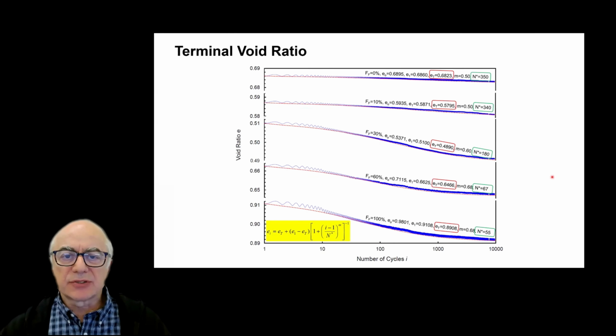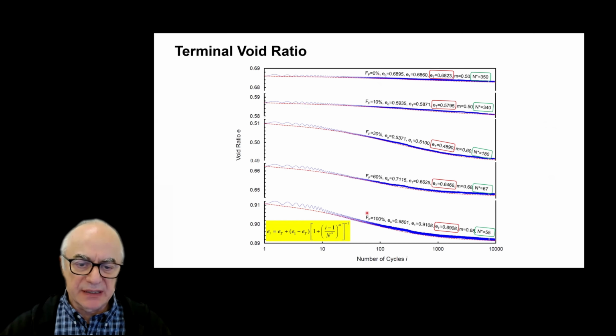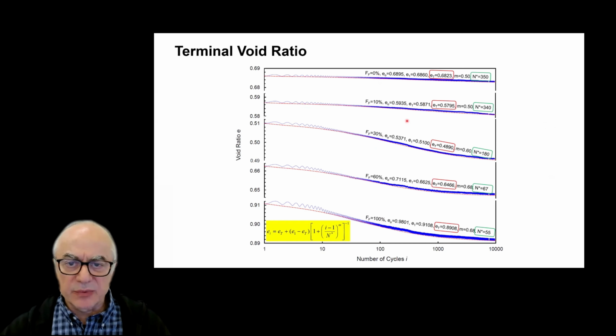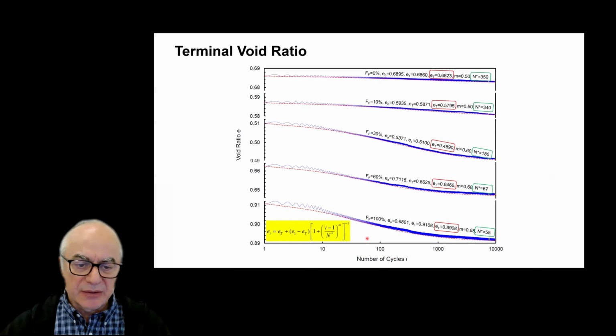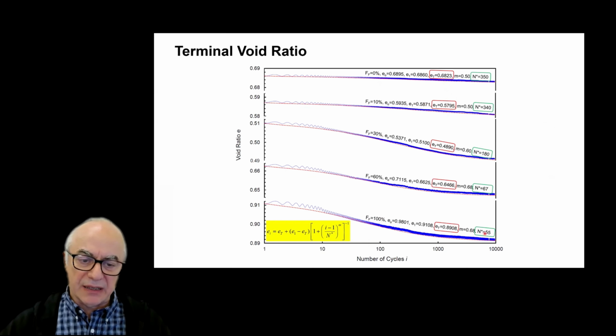This data set corresponds to sands with different amounts of fines, from 0% to 100% fines, sand-silt mixtures. And as you can see, for each data set, we can fit the equation I showed here in yellow and determine the terminal density in each case, but also the number of cycles to reach half the volumetric contraction.